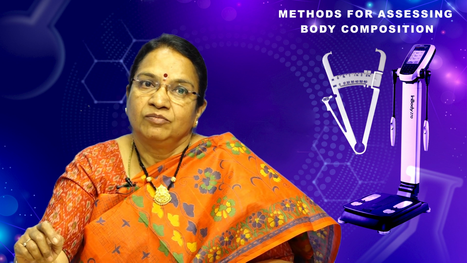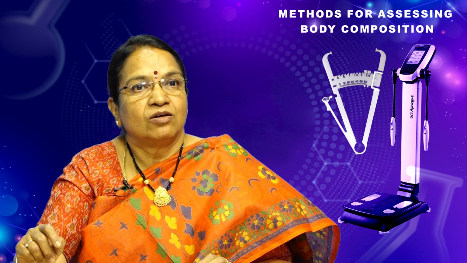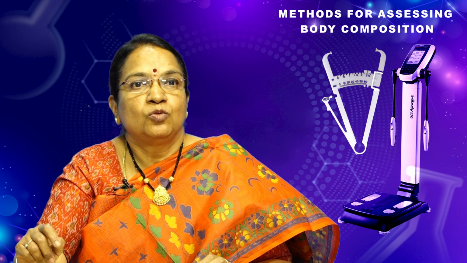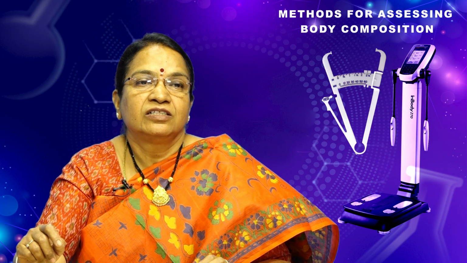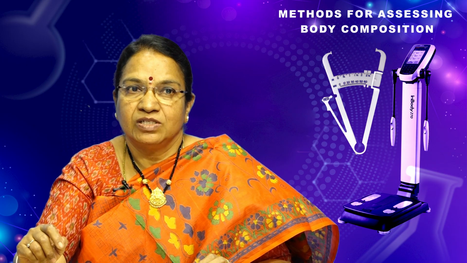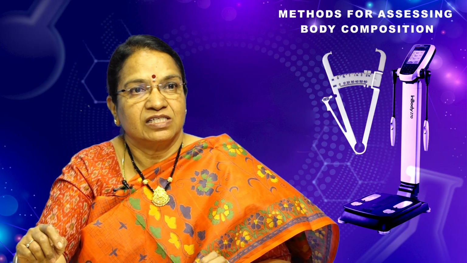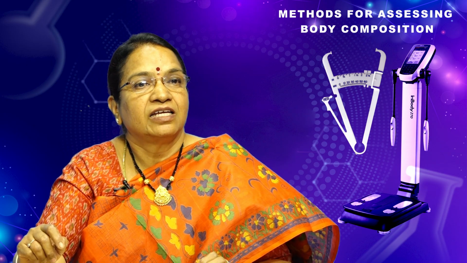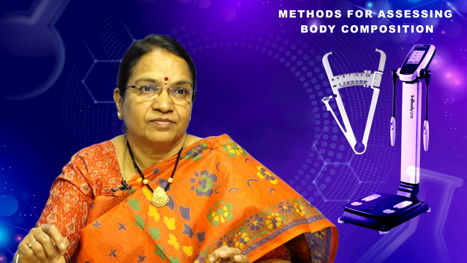Of course, because of the simplicity of this approach, it is also the most inaccurate. This method uses skin fold calipers to pinch the body in specific areas like the chest, thigh and abdomen and measure the skin fold thickness.